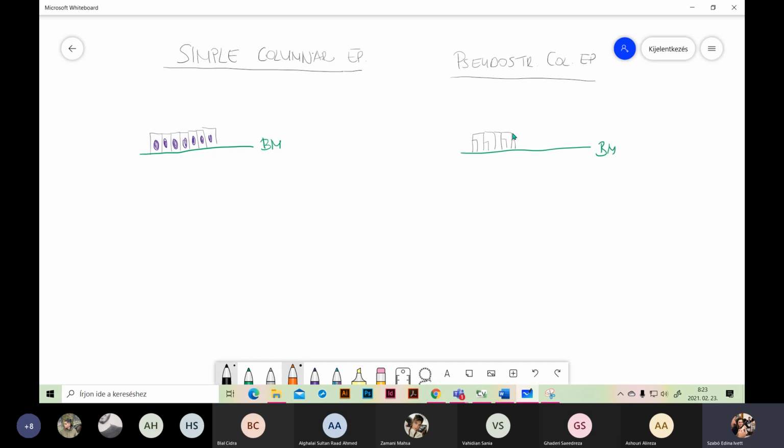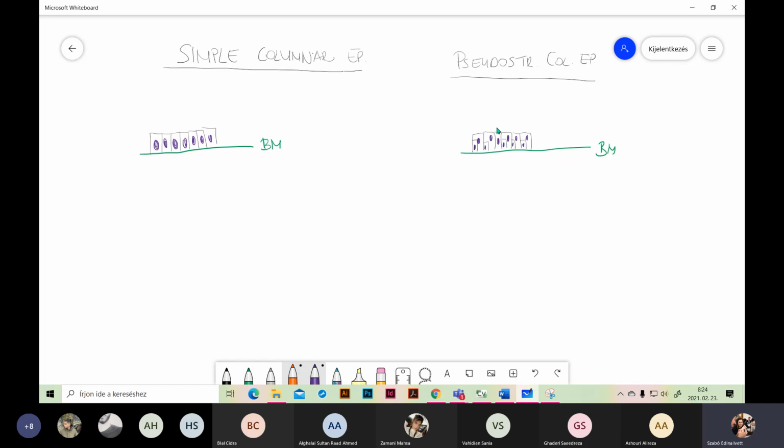That's why the cell nuclei are arranged in several levels, several layers. And you see that all of the cells are in contact with the basement membrane, but not all of them can reach the surface. Okay.